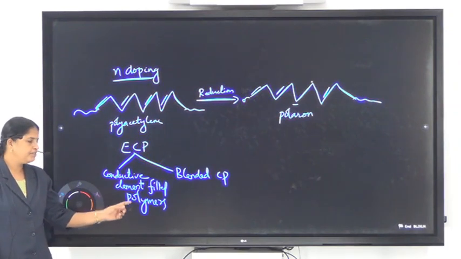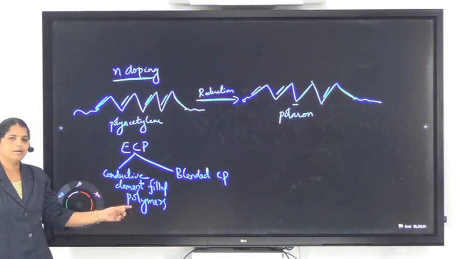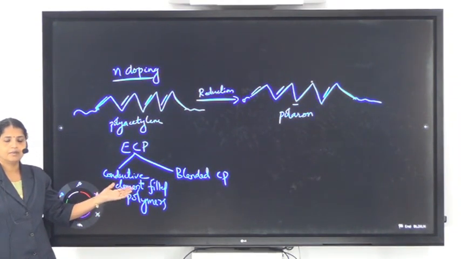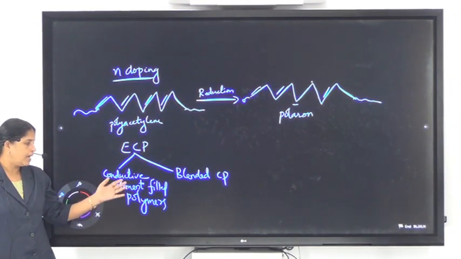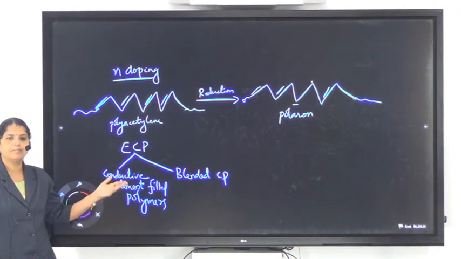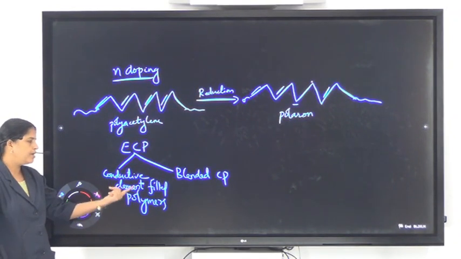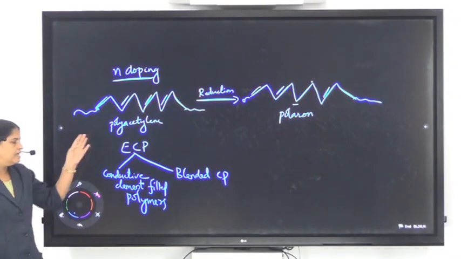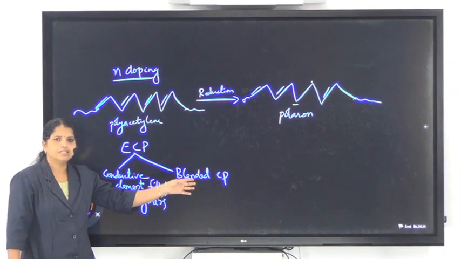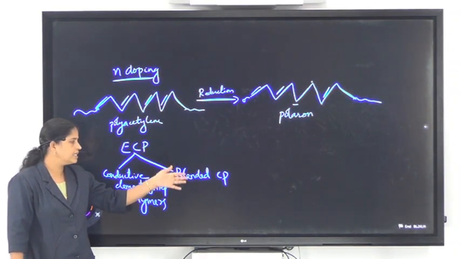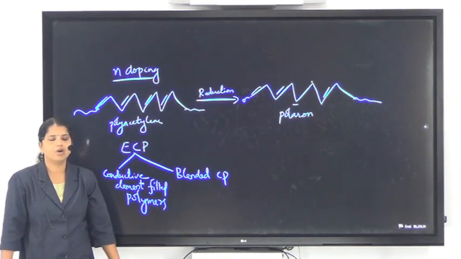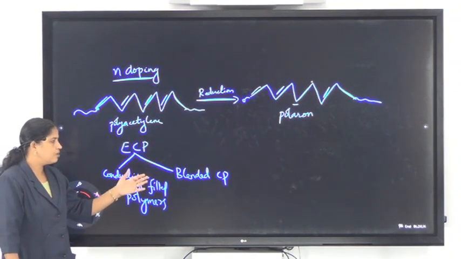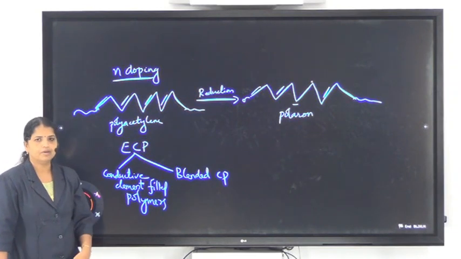In conductive element filled polymers, we add some conducting materials into a non-conducting polymer. Conducting materials like carbon black, carbon fibers, metal fibers and metal powders can be added into a non-conducting polymer, so it becomes a conducting material. Next is blended conducting polymers. In this case, we add a conducting polymer into a non-conducting polymer, so it imparts some conductivity into the original one. That is called blended conducting polymers.